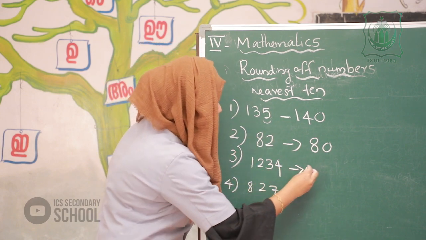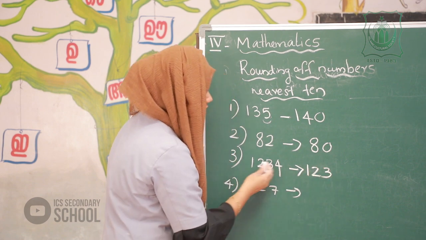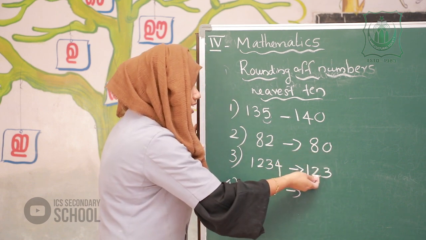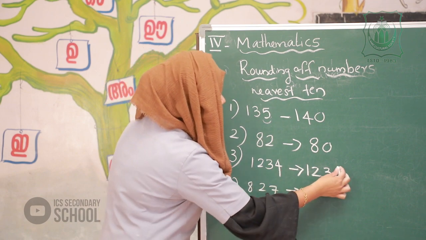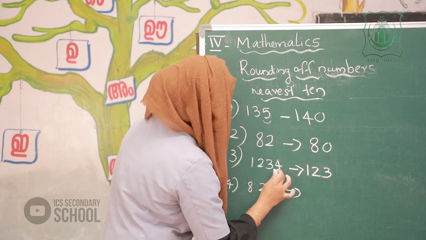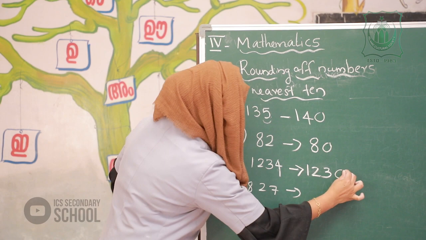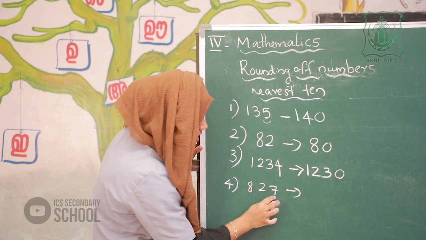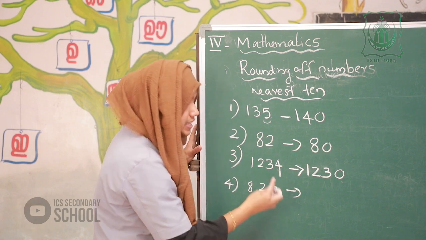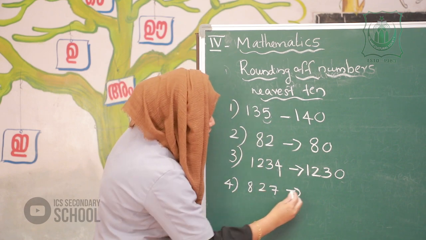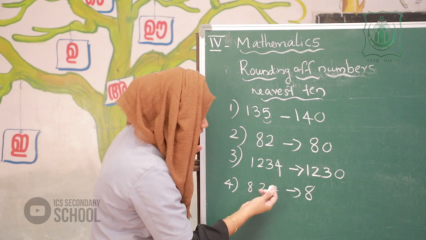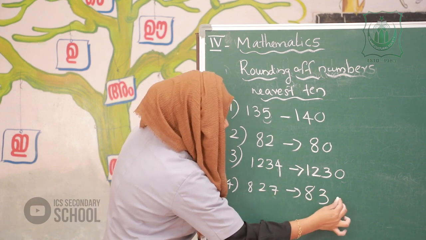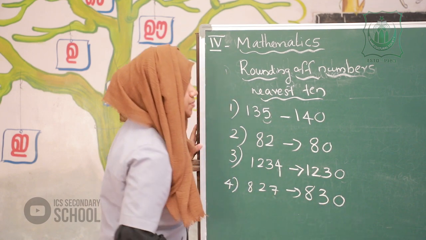So there is no change in the tens, hundreds and thousands numbers. Change the ones number to 0. In the case of 827, 7 in the ones place is above 5. So add 1 to the next number, that means 2 becomes 3, and make the ones place 0.